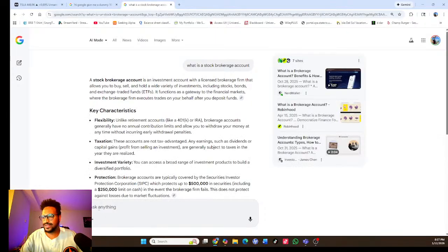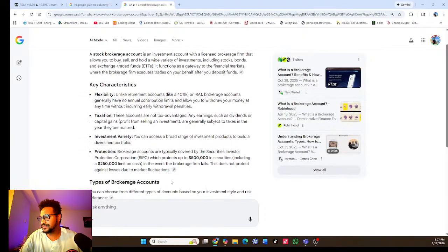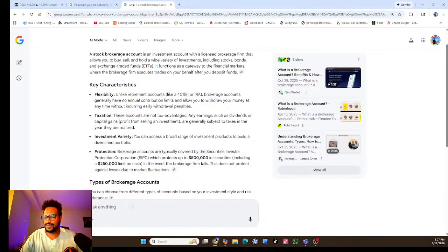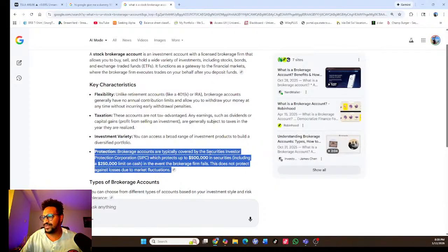See, it says brokerage accounts are typically covered by the Securities Investor Protection Corporation, which protects up to $500,000 in securities and a $250,000 limit on cash.